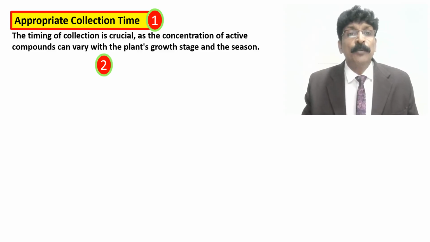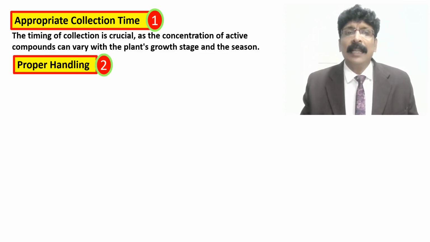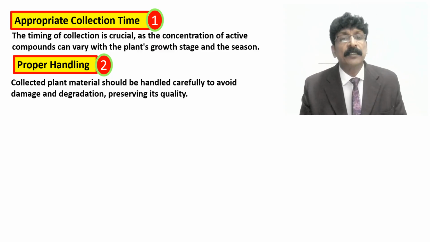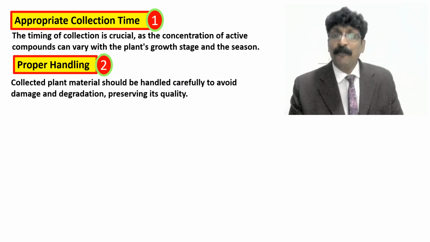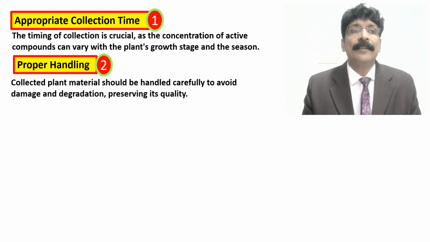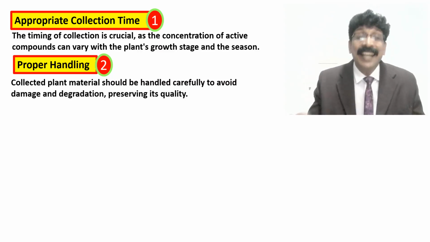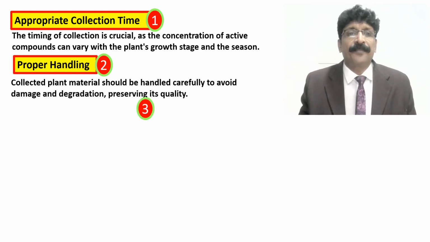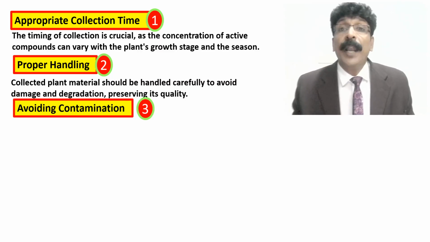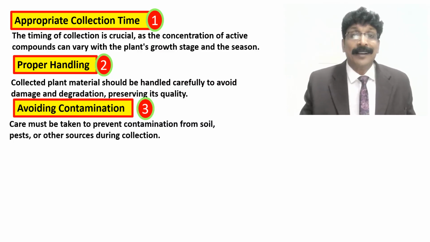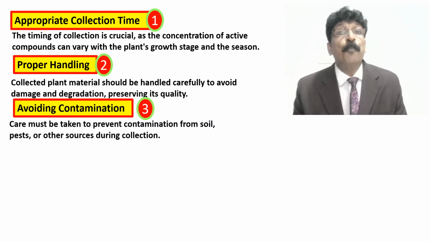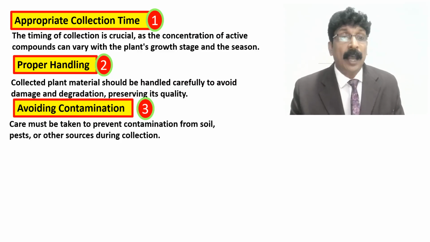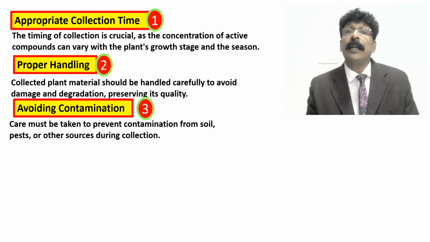Number 2, proper handling, in which collected plant material should be handled carefully to avoid damage and degradation, preserving its quality. And number 3, avoid contamination. Care must be taken to prevent contamination from soil, pests, and other sources during collection.